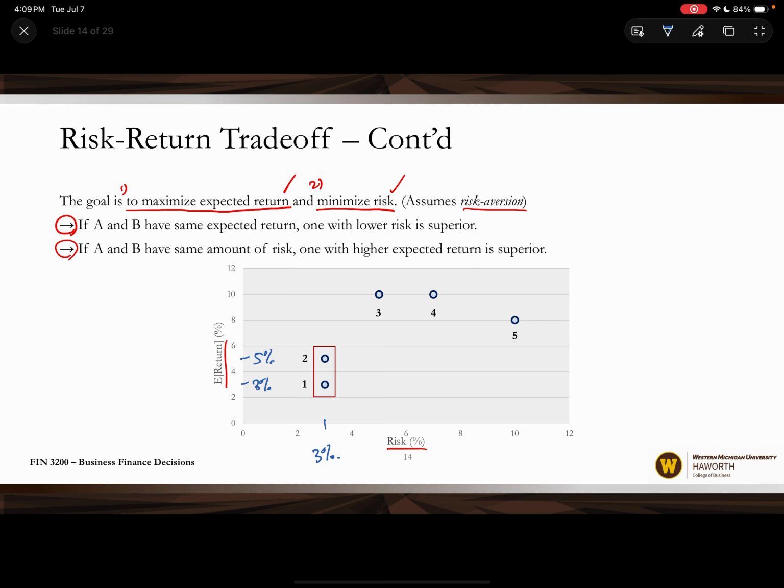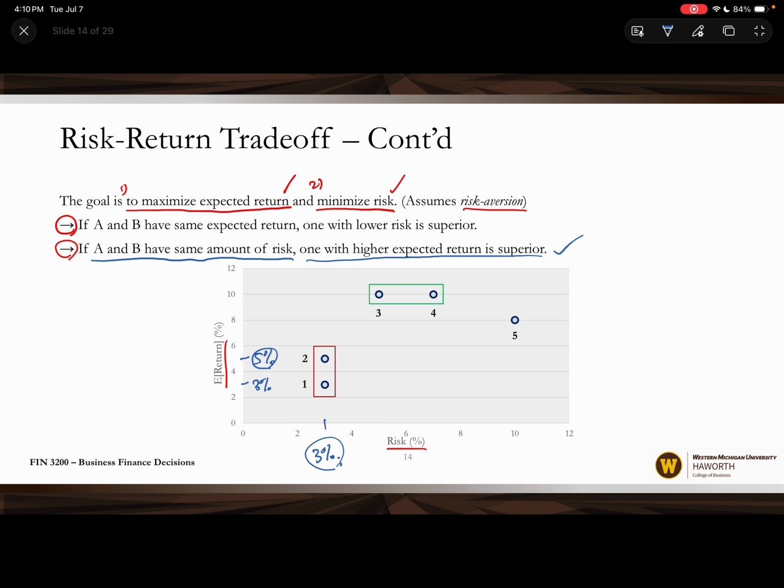So 2 is clearly superior compared to 1. We're following this rule: if A and B have the same amount of risk of 3%, the one with higher expected return is clearly better.